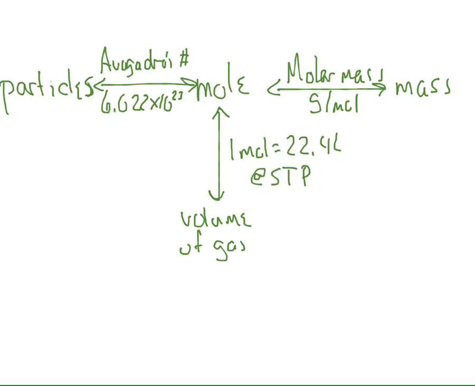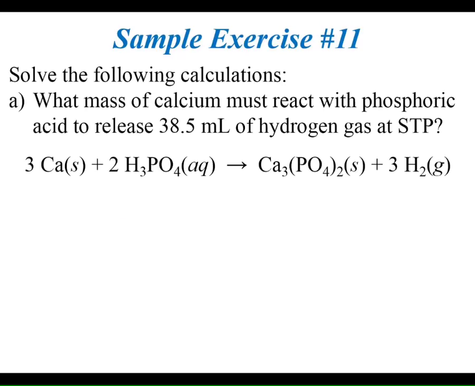Okay, well let's look at a couple of examples with this. We'll wrap this chapter up shortly. Remember, 1 mole of any gas is 22.4 liters, again only true at STP. So let's look at one.